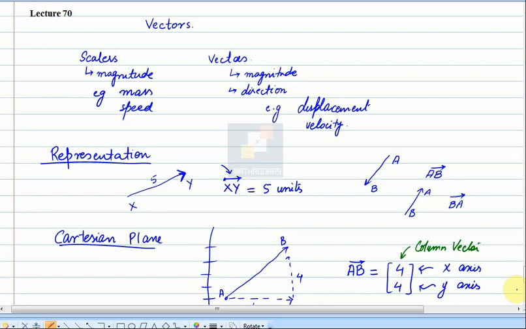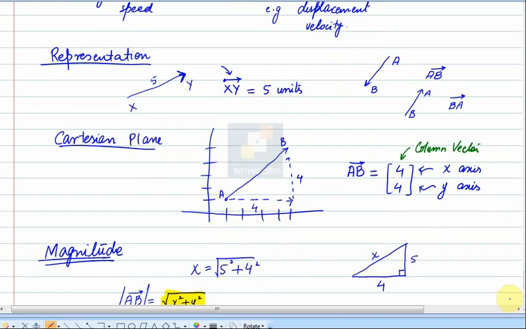With the help of an arrow, and the important thing on the arrow is its head. The head defines the direction, right? Like I say XY, it starts from X till Y, so it defines that direction. After that, we covered vectors on a graph, x and y, and we call it the Cartesian plane, right? And last, we discussed the magnitude of a vector. We can find the magnitude of a vector by the simple working formula of x square plus y square.